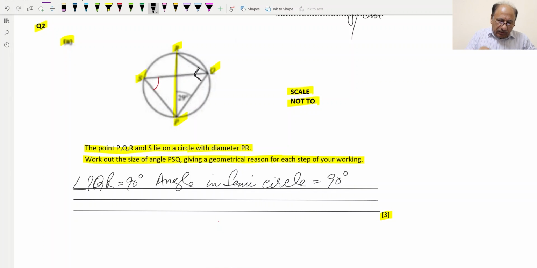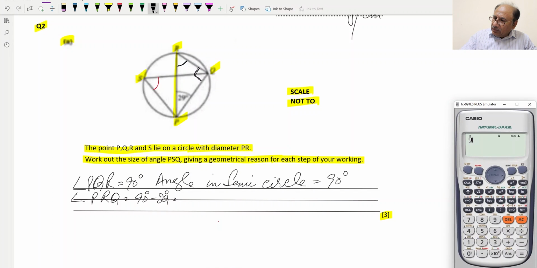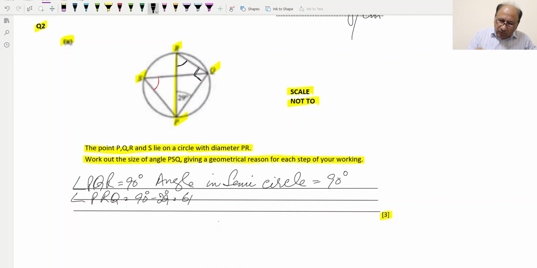This will be the reason, and then we can write the second statement. PRQ will be this angle. So angle PRQ is equal to 90 minus 29 degrees, which will be equal to 61 degrees.